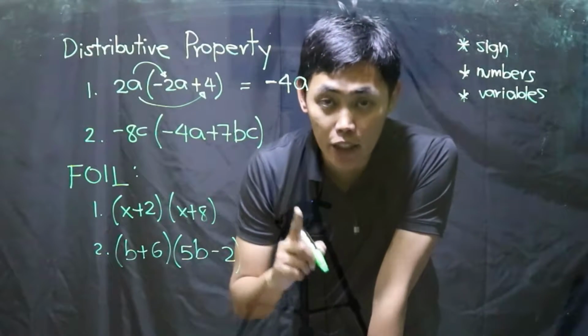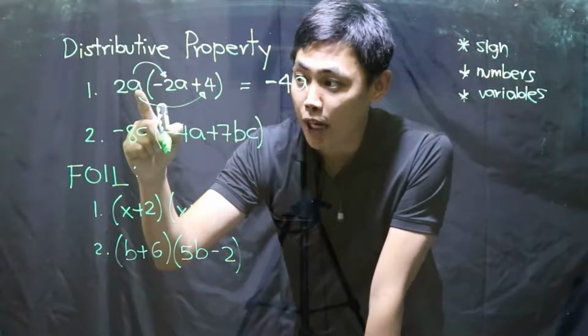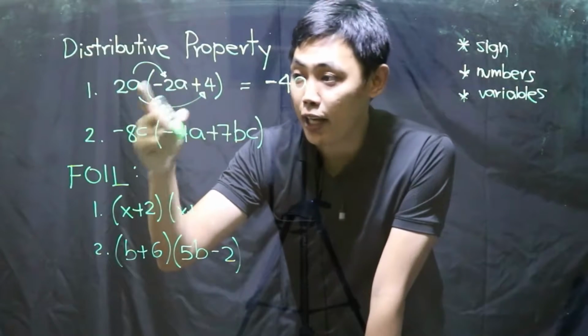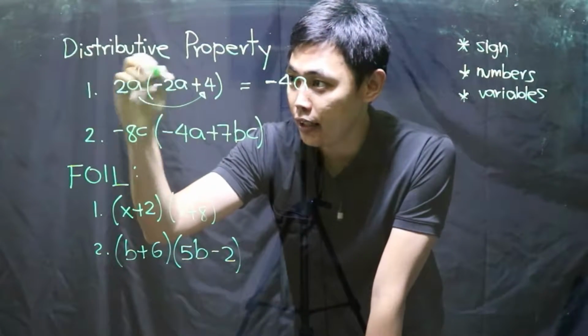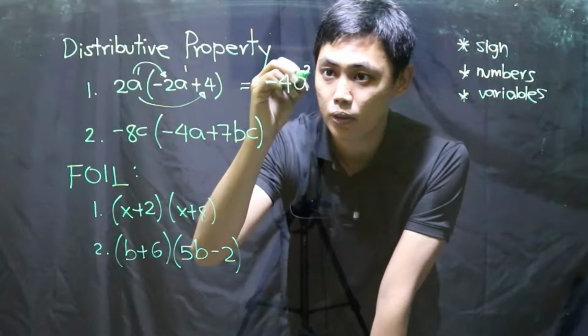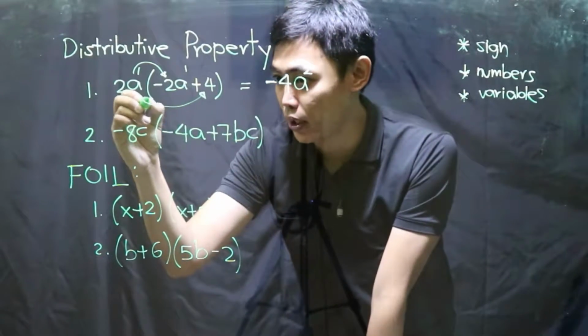That is the product rule. It states that if you multiply one variable to another and they are the same, you can add the exponents. So we have 1 here and another 1. 1 plus 1 is 2. So 4a squared.